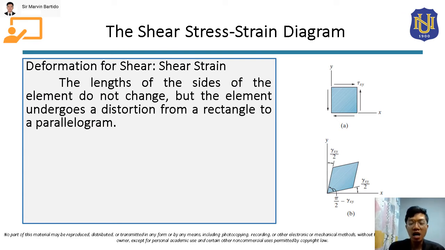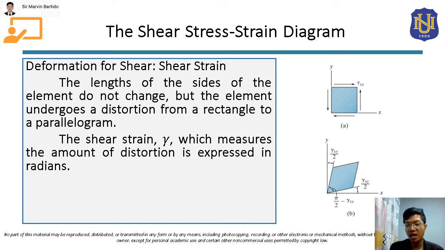So again, to review, the lengths of the sides of the element do not change, but the element undergoes a distortion from a rectangle to a parallelogram. So that's what happens in a shear strain. The shear strain is denoted as gamma, and it measures the amount of distortion, expressed in radians.